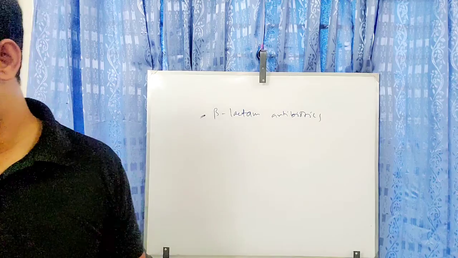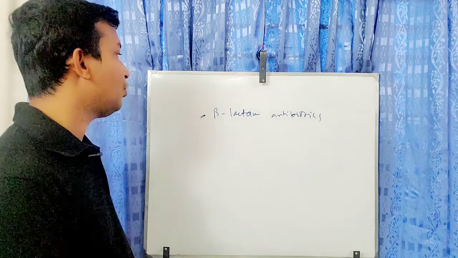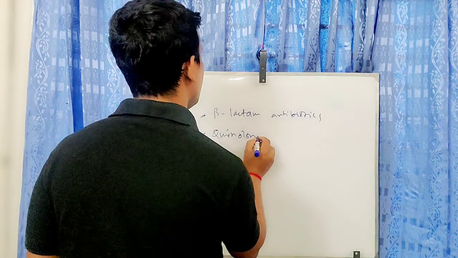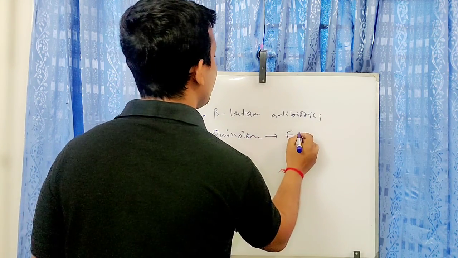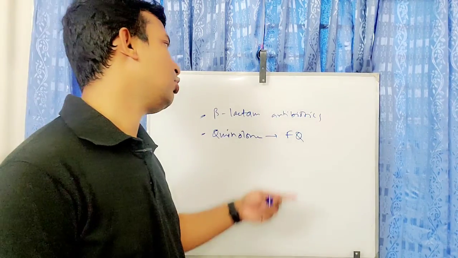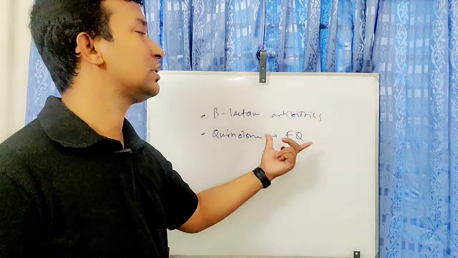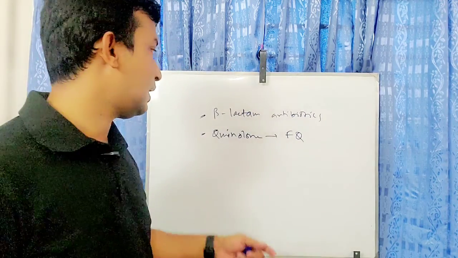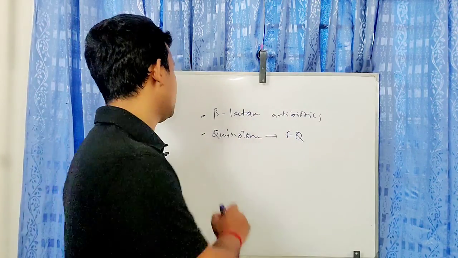The second most important comes as quinolones. It covers basically the fluoroquinolones, the FQ series, like ciprofloxacin, ofloxacin, gatifloxacin, all floxacin things like moxifloxacin. This is another very important class.